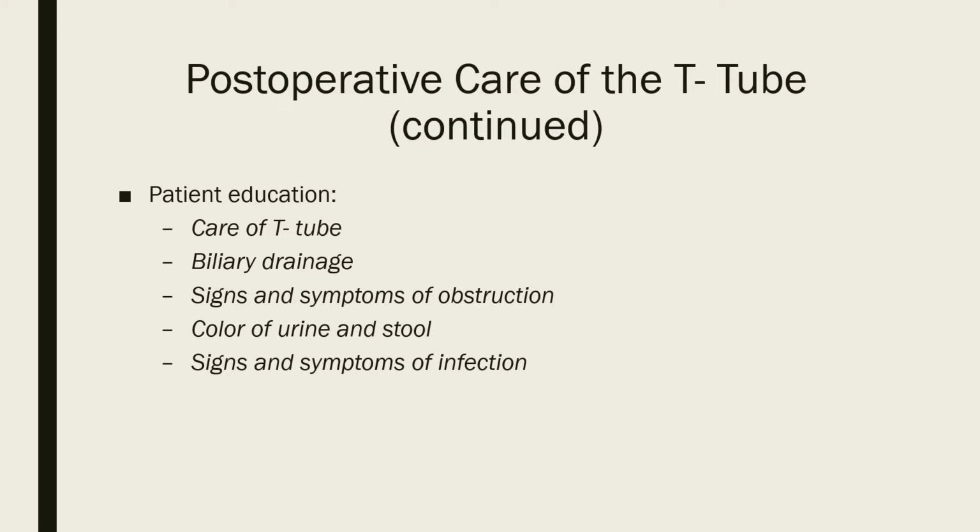They need to monitor the color of their urine and their stool. We want to make sure we're not seeing clay-colored stools. And they need to know signs and symptoms of infection. You will give them all of this education before they leave.